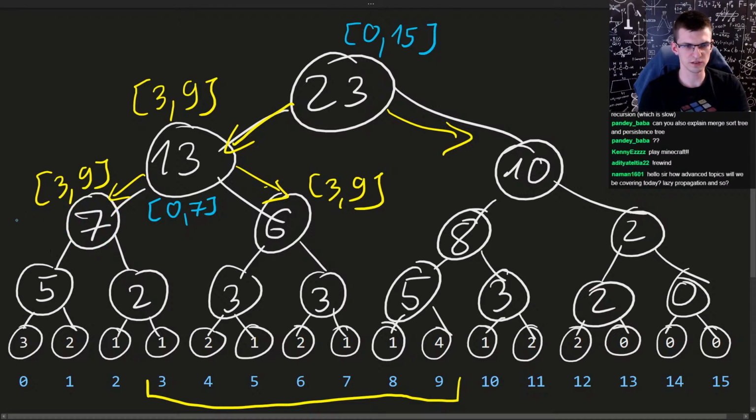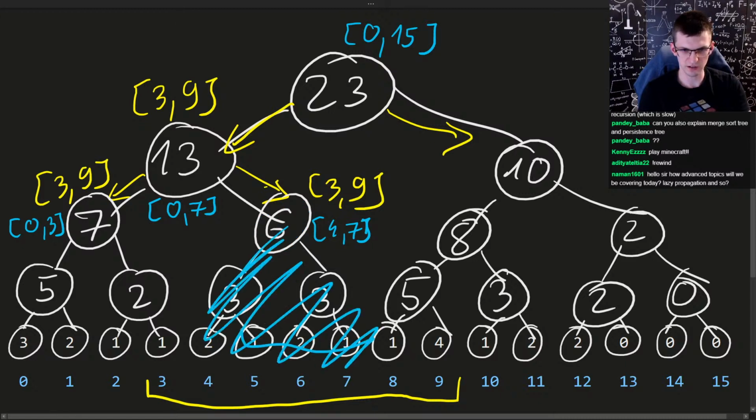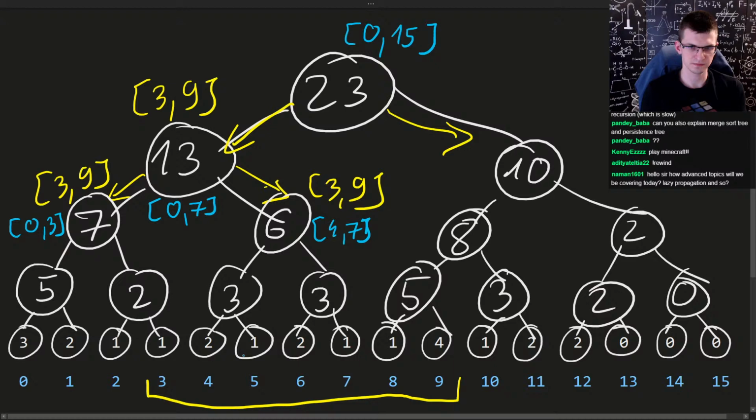This guy stores the sum from positions 0 to 3. This one, 4 to 7, because 6 is the sum of everything here, and here we have positions from 4 to 7. And like that you can for every node say what range it represents.